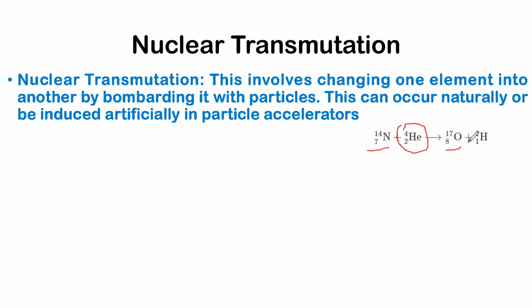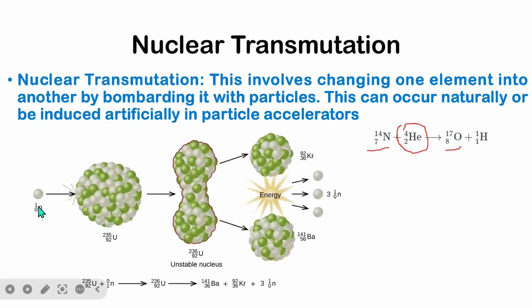Let's look at another example where neutrons bombard uranium-235, and of course it becomes unstable.